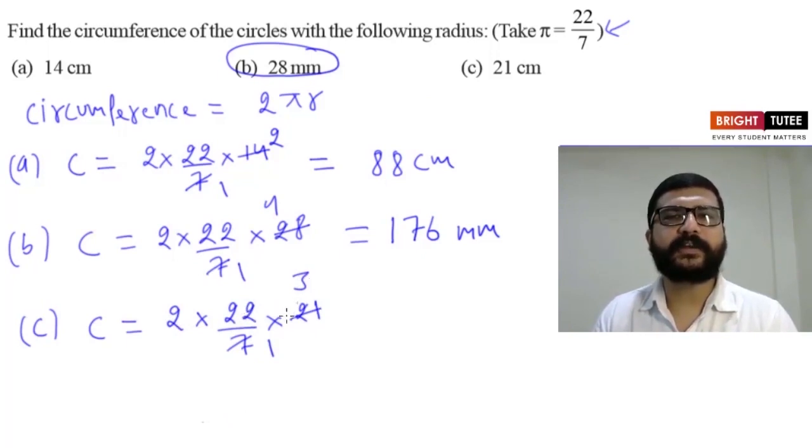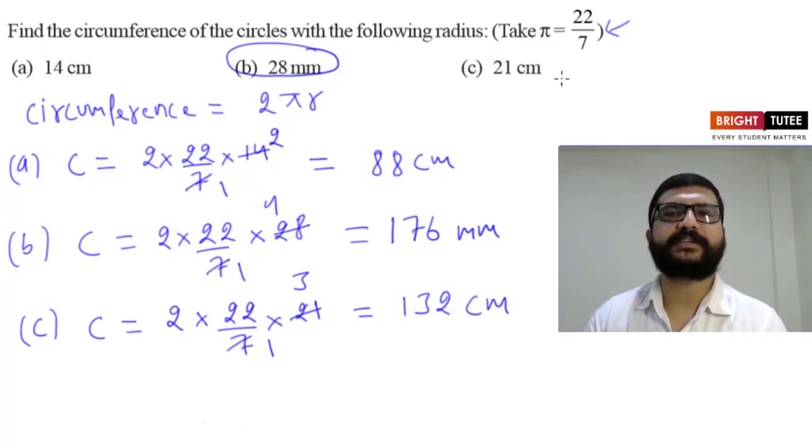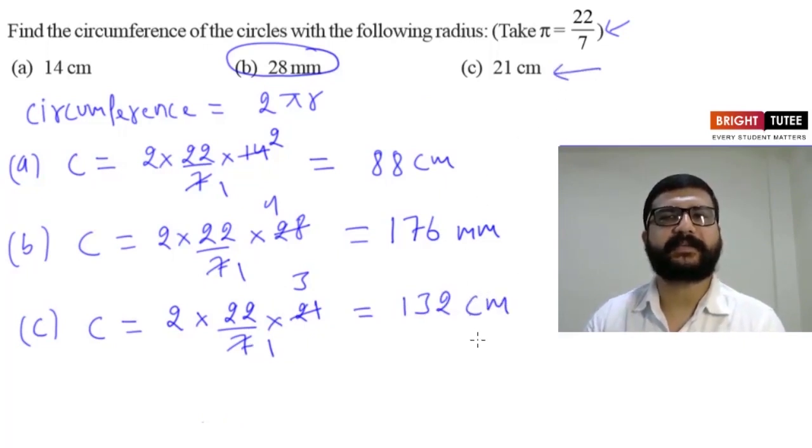Now 44 into 3, it will be 132. So this is equal to 132 centimeters, because the unit of the radius is centimeters only. So by using the formula 2 pi r, we can find circumference of any circle whose radius is given to us.